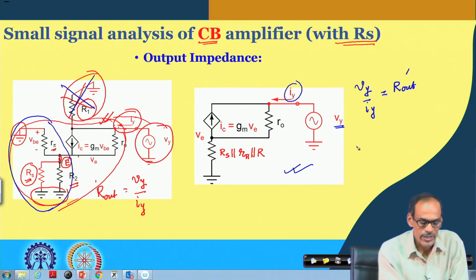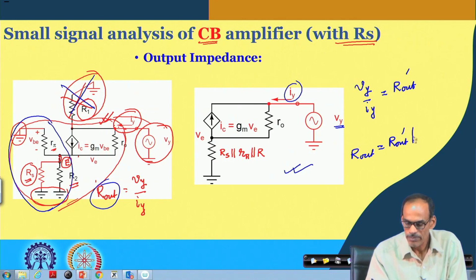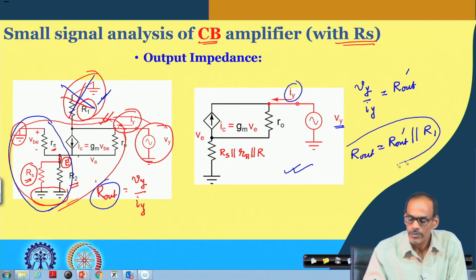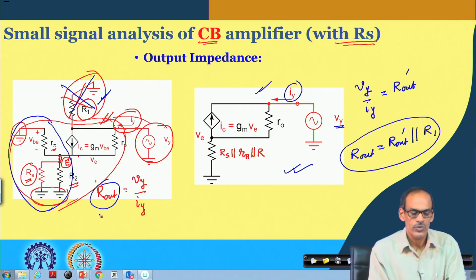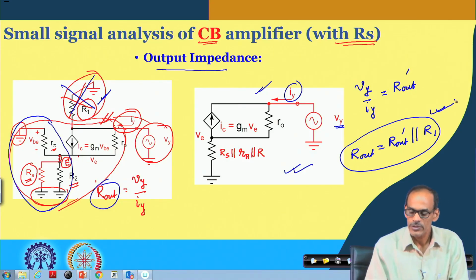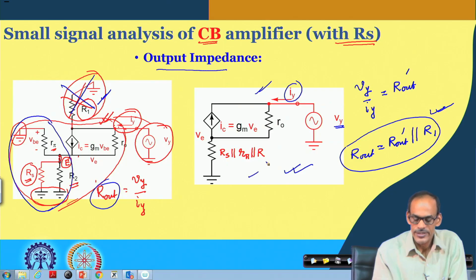Then the total resistance here will be this R out dashed in parallel with this ignored part, this one. So, let me do this analysis, and finally, to write the expression of output impedance, we will consider this R 1. In the next slide we will analyze this circuit.